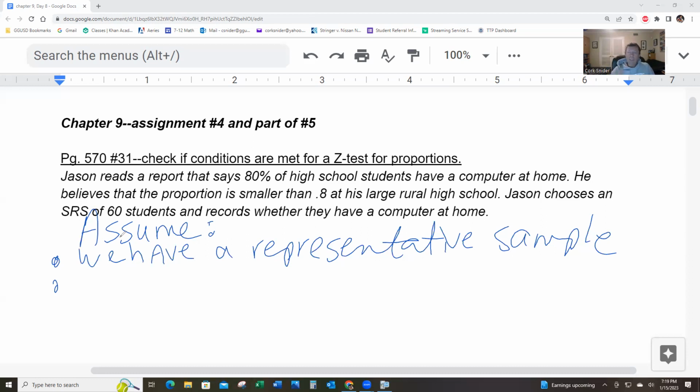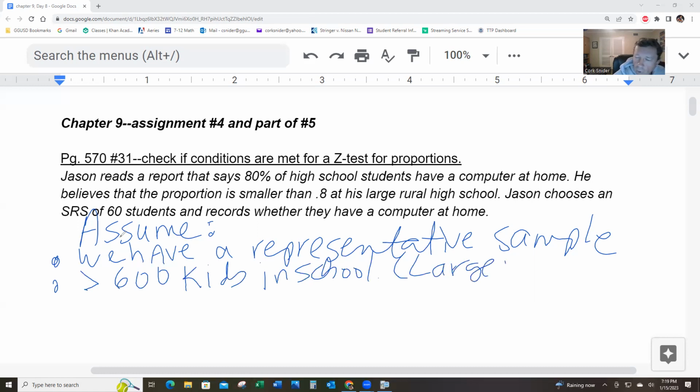And we need a stable standard deviation to do some inference, okay? So assume there are greater than 600 kids in his school. Now, we don't know if that's the case because it just says large rural high school. I'll put that in parentheses, large rural high school. So I'm assuming that means there's more than 600.